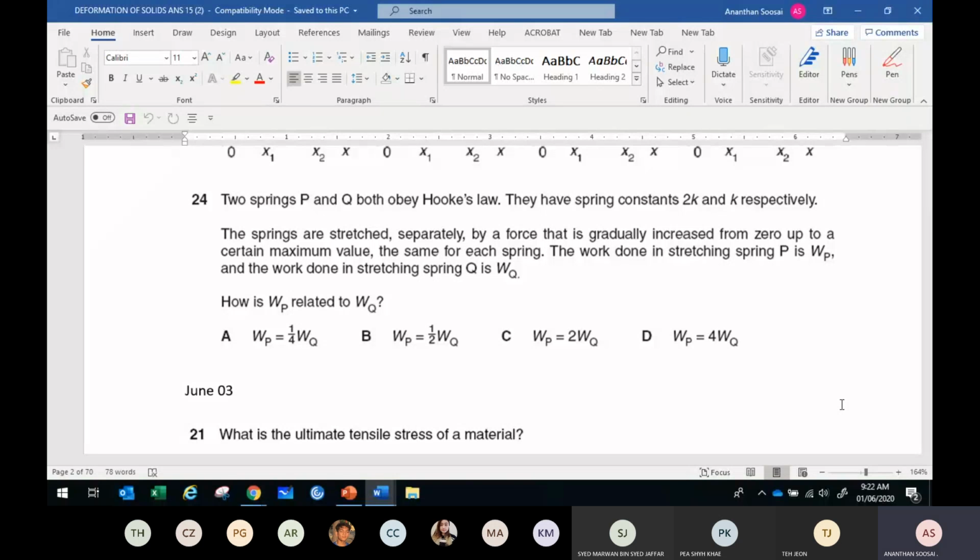This question might be easier if you plot a graph, force versus extension. You can get some idea. That's my advice to you. A force versus extension graph might help you a little.